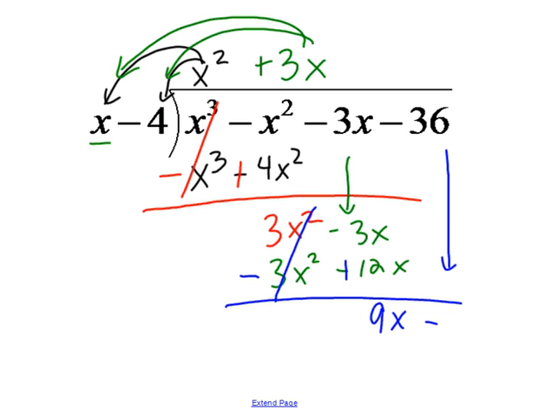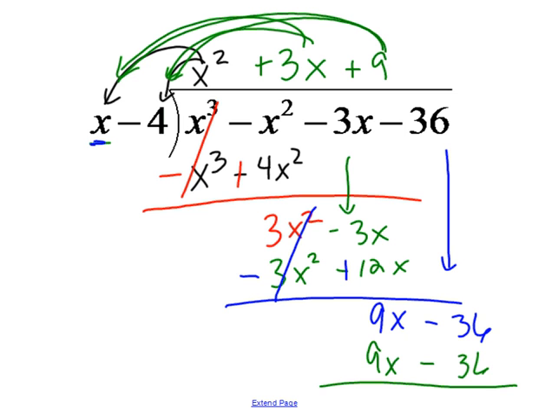Bring down the minus 36. x times 9 will give me the 9x minus 36, and this one has no remainder. Okay, so sometimes we'll get nice clean answers, sometimes we won't.